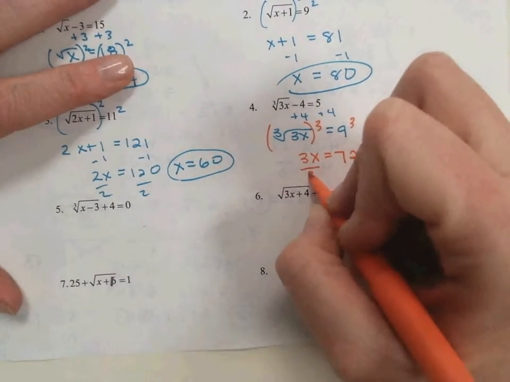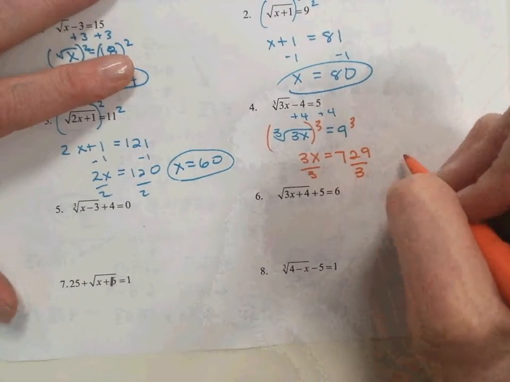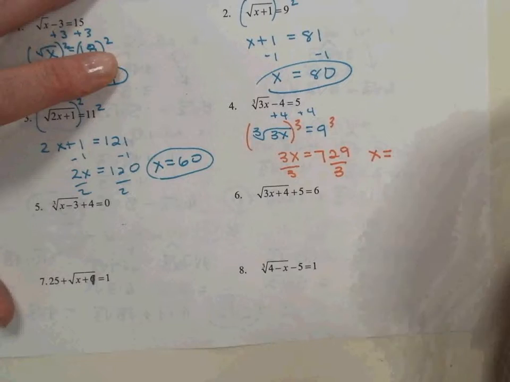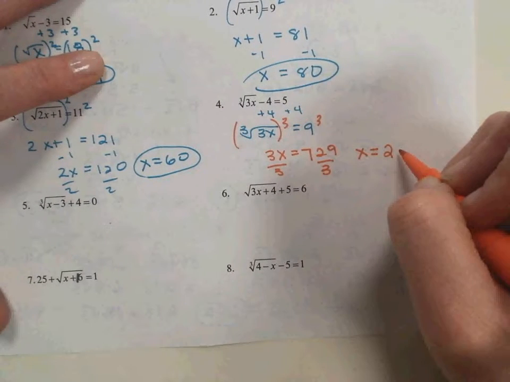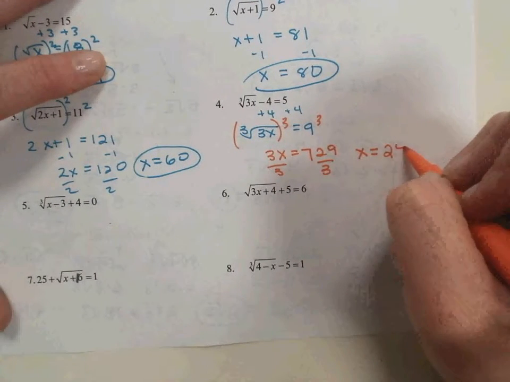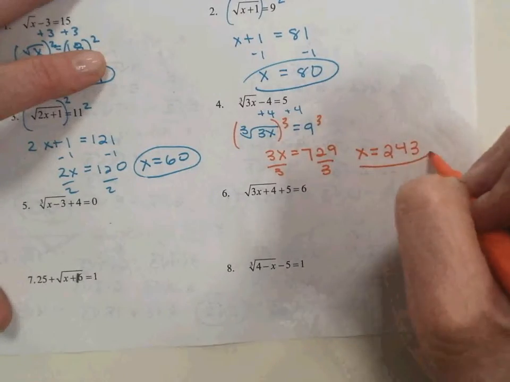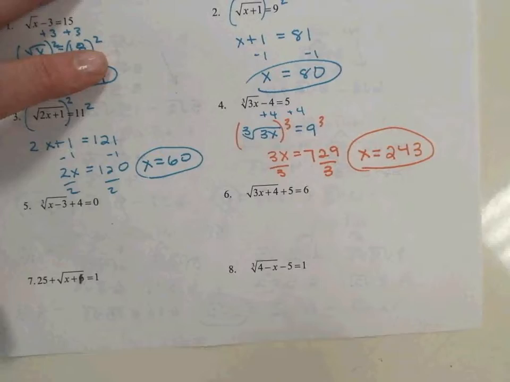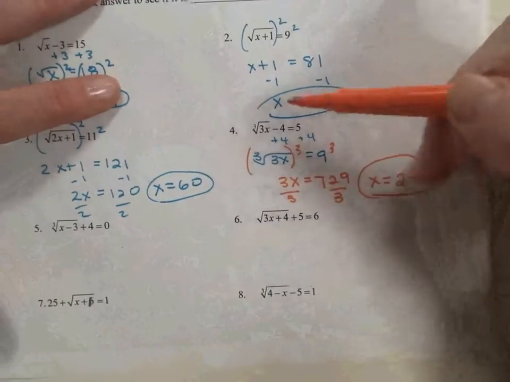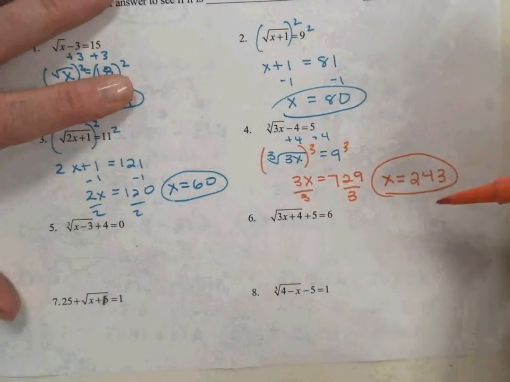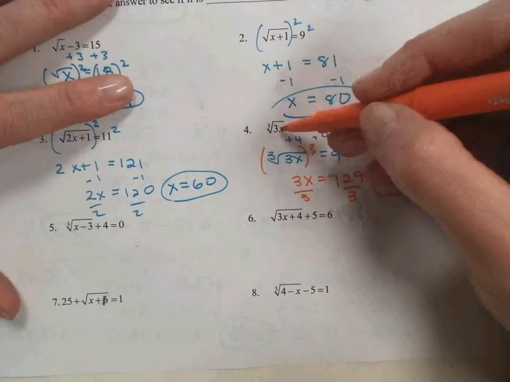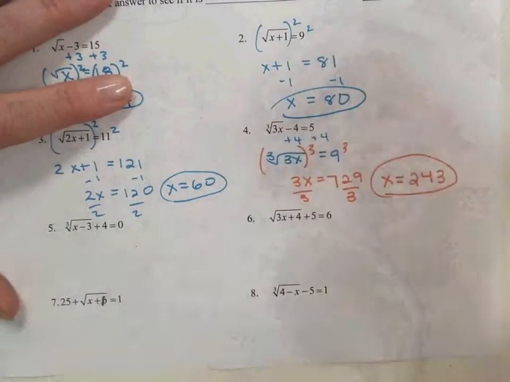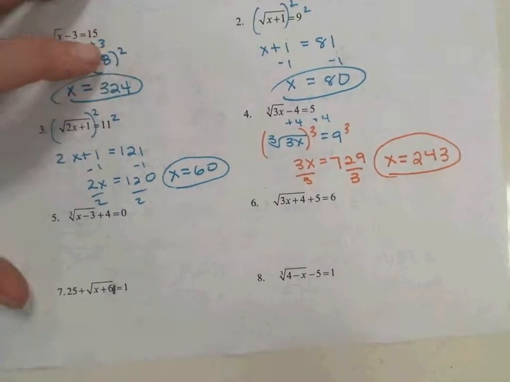And then divide both sides by 3. And we get x equals 243. So if we go backwards, we would multiply 3 times 243, we get 729 again. Cube root of 729 would be 9. 9 minus 4 is 5, and that one works out.